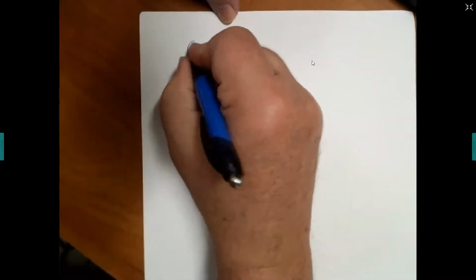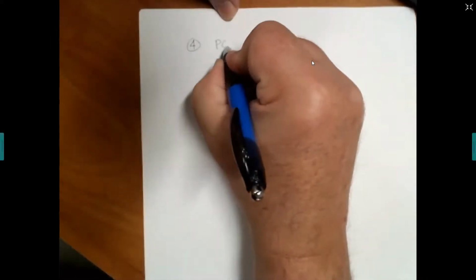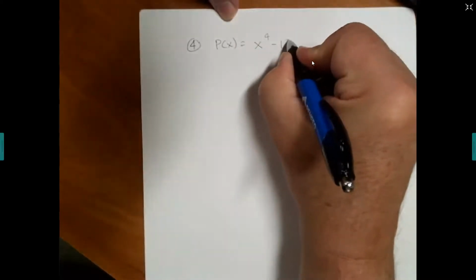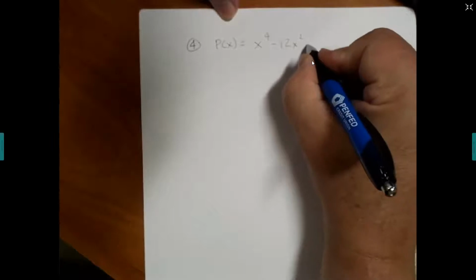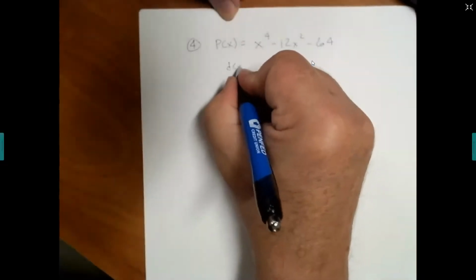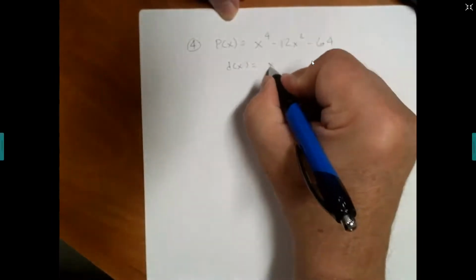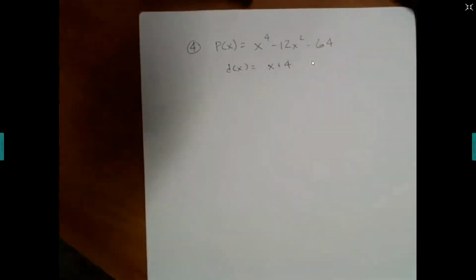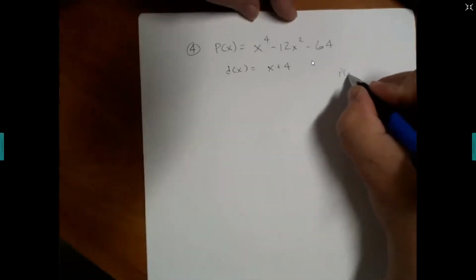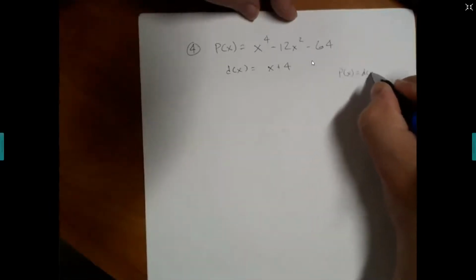Let's look at number 4. Let's do that again. P of x is equal to x to the 4th minus 12x squared minus 64. And little d of x is x plus 4. It wants us to put it into this form.